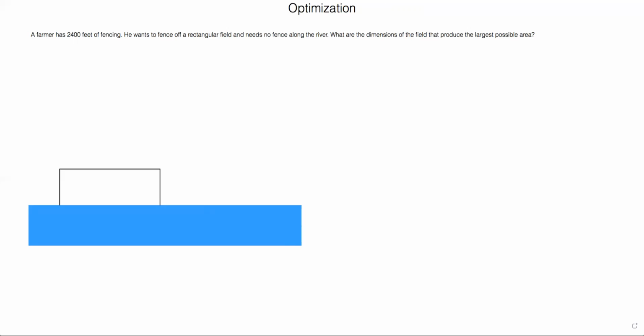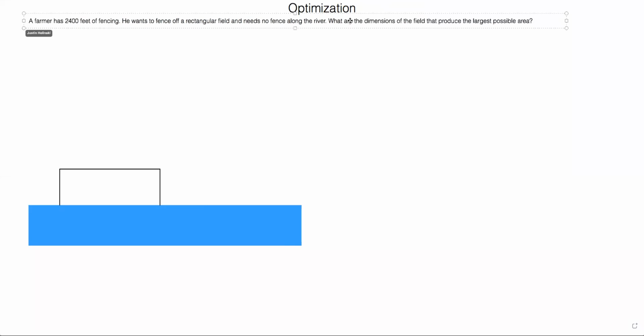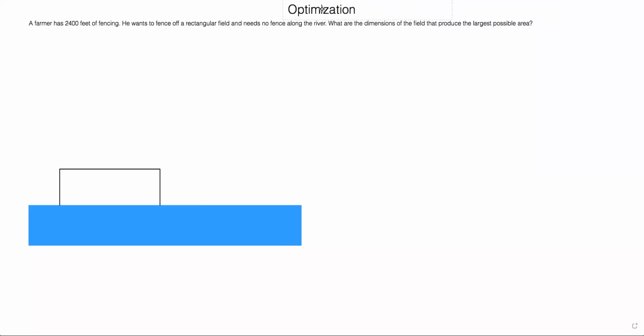Then it's up to us to create variables and maximize or optimize them. I kind of consider this to be like related rates 2.0. We need equations that accurately model the situation, and we need to use calculus to manipulate those equations to get the result. So let's take a look at what we have and what we need.